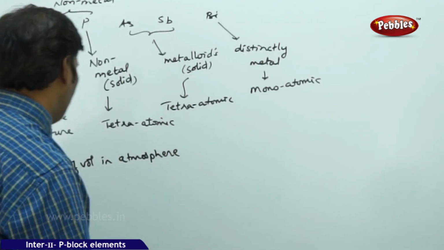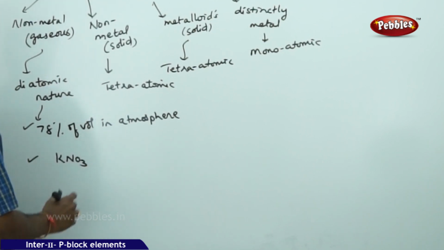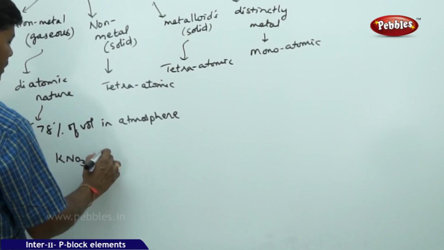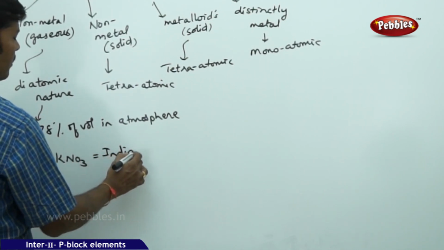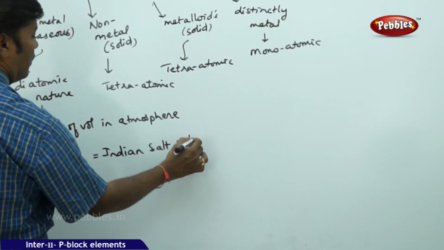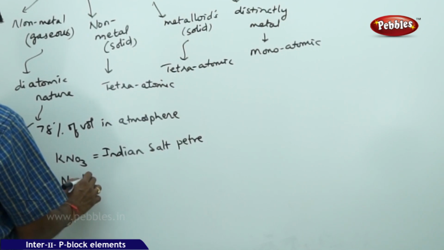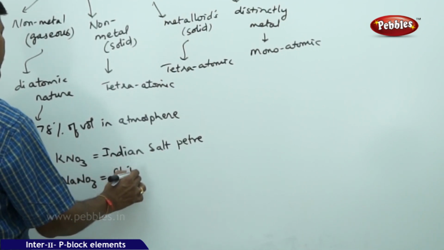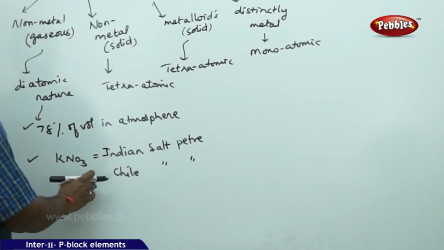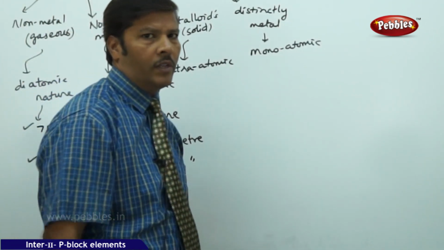The sources of nitrogen are KNO3, Indian saltpeter, and NaNO3, Chile saltpeter. Nitrogen is also available in the form of proteins and amino acids in various sources.